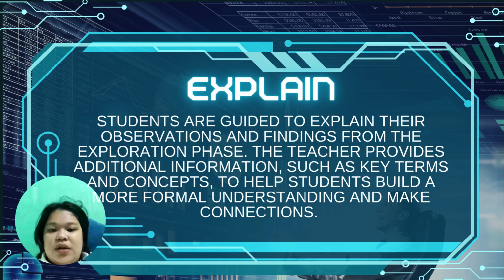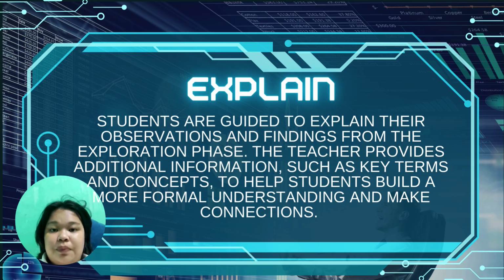The next one is explain. Students are guided to explain their observations and findings from the exploration phase. The teacher provides instructional information such as key terms and concepts to help students build a more formal understanding and make connections.